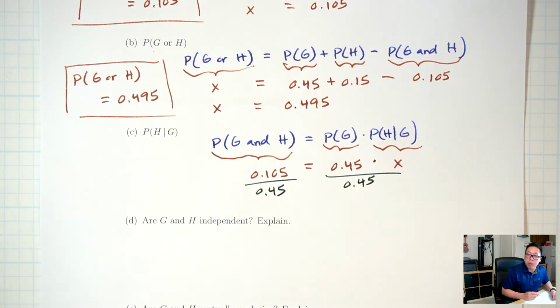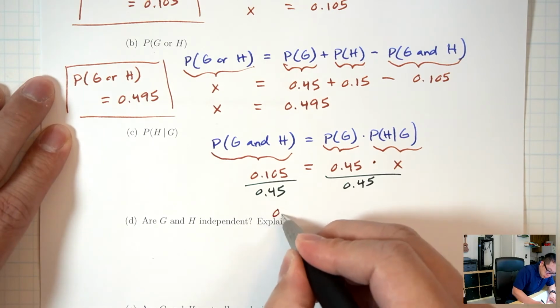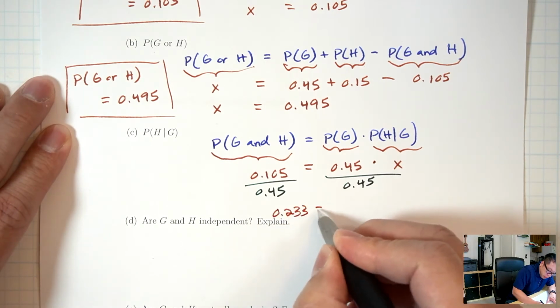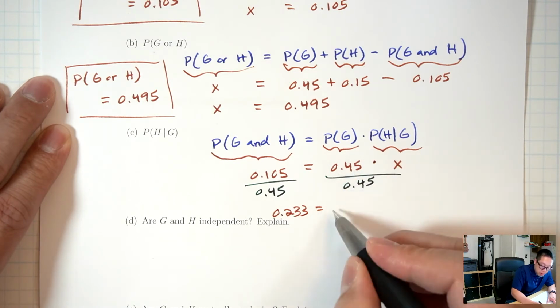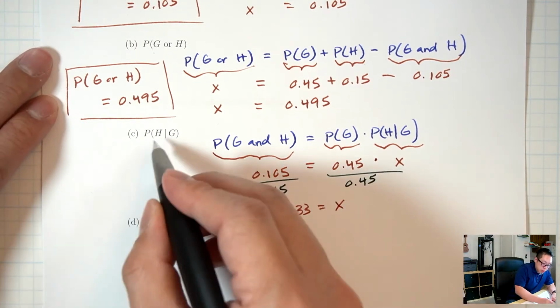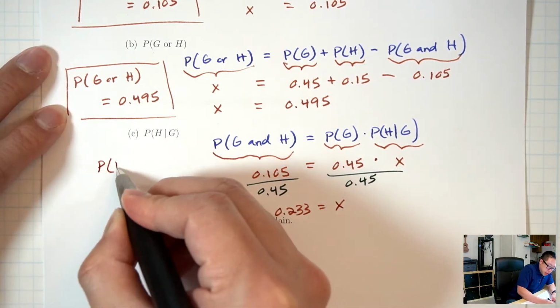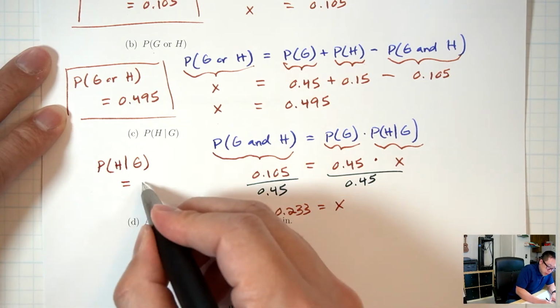Round this to 3 decimal places is 0.233. And then on the right side, 0.45 divided by 0.45, those cancel out, and you just have an X, and you're done. So what we just found was probability of H given G is 0.233.